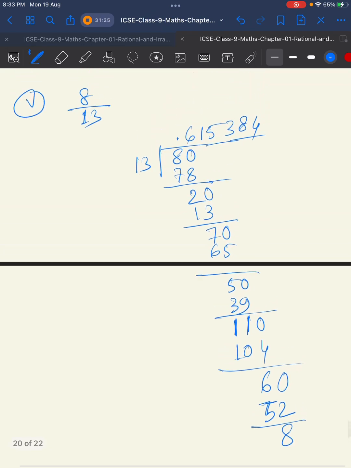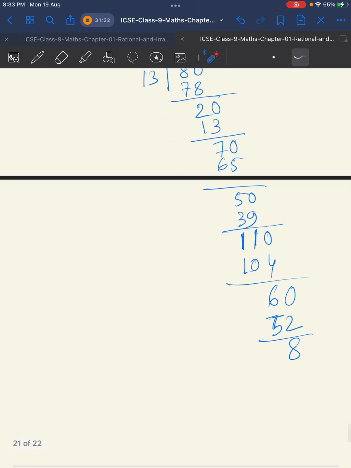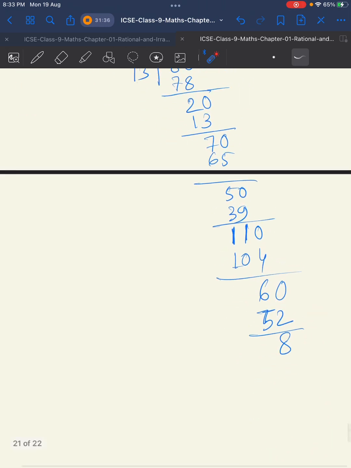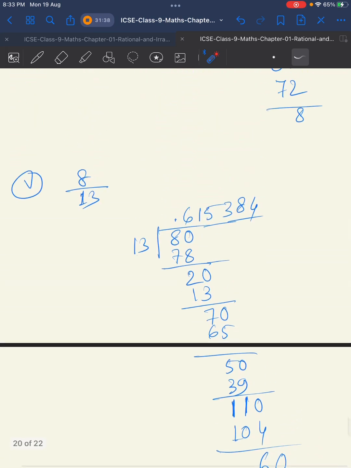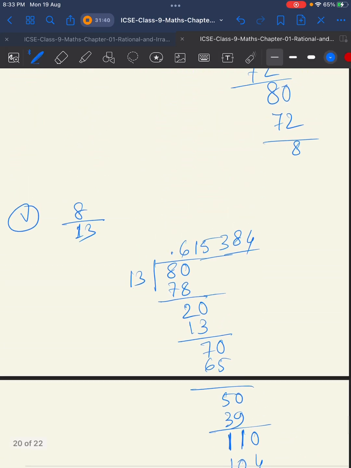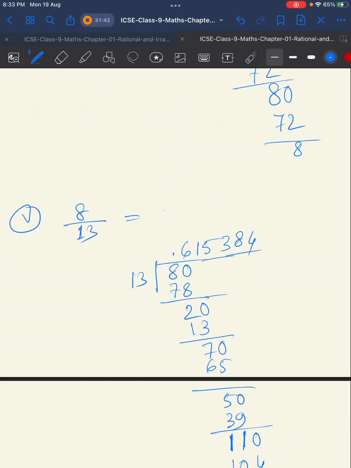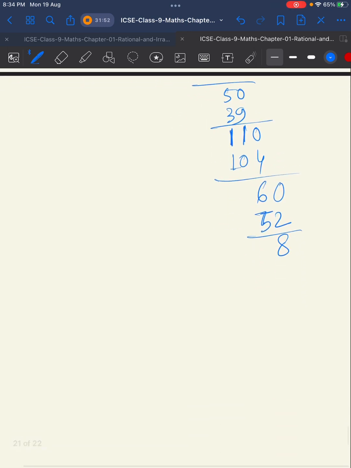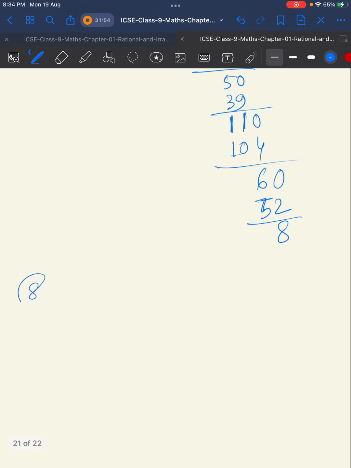So 8. Now this is repeated. Here is 8, so here we will get 8. We got 8, so this term is repeated. This set of digits is repeated, so the quotient is 61538 bar.